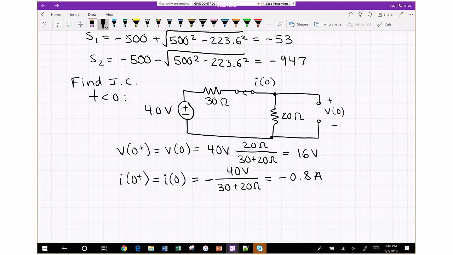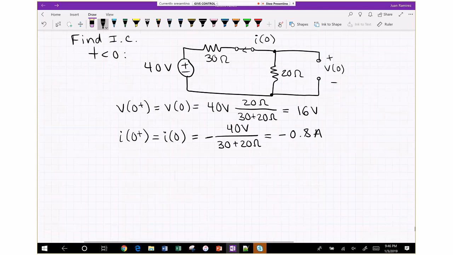Okay, so now let's take a look at the circuit right after the transition.